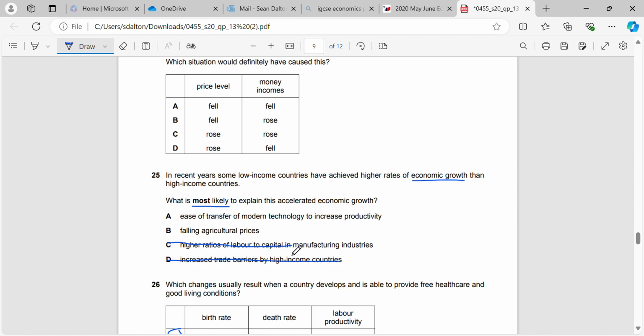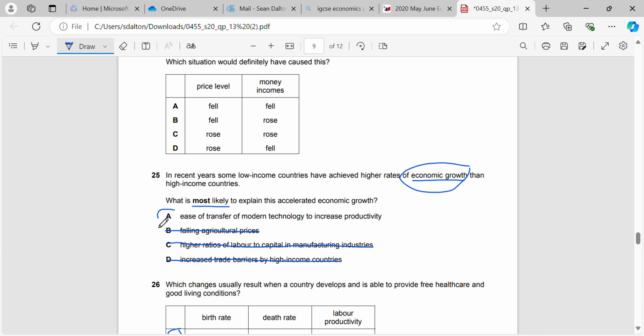We would expect higher ratios of capital to labour if we were to have economic growth, because capital will be more productive than labour will be. And falling agricultural prices would also not explain it, because that wouldn't explain how we're able to make more goods and services, which is what economic growth is measured by.